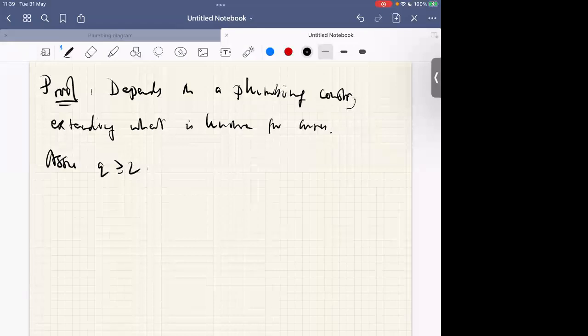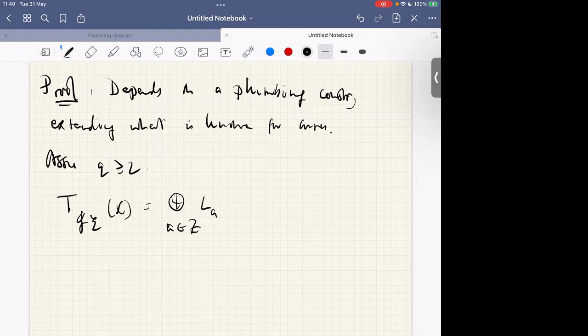So we know that the tangent space at the stack is naturally a sum of lines, one for each point on Z, and this maps to the tangent space of the stack of curves, which is, of course, just H1 of C.